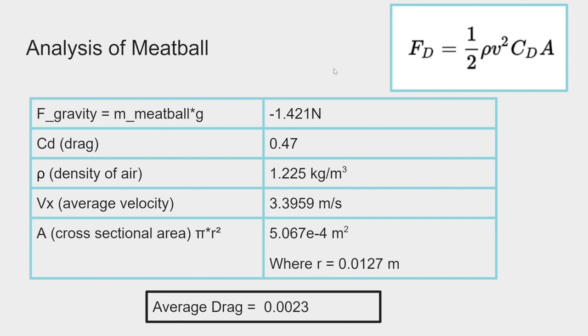We can see that the meatball has a relatively low drag, and this is because the meatball is a relatively small object. We need all of these variables in order to adequately determine why the dog is successful.